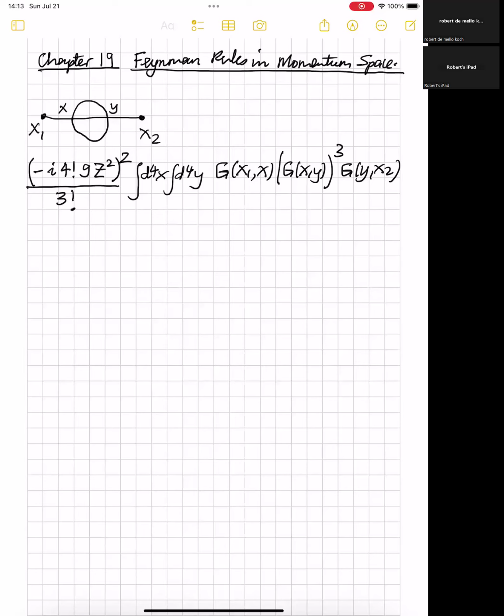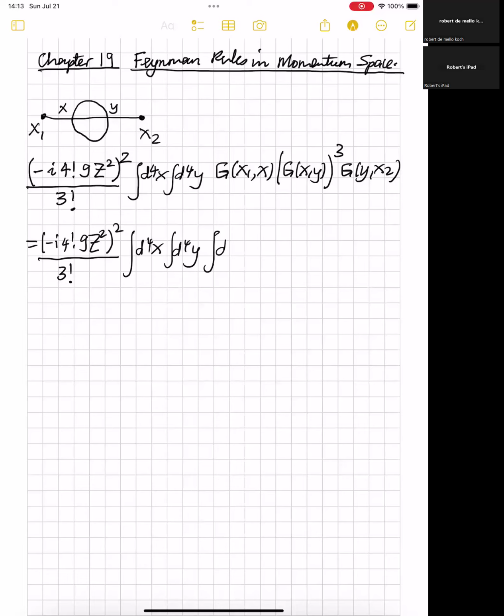Good. Okay, now to get the momentum space Feynman rules, we're actually going to plug in what these Green's functions are and do the integrals over x and y. So let's do that. Okay, so we've got the minus i g over 4 factorial, Z squared squared, over 3 factorial. Then we've got an integral d4x, an integral d4y, and then we've got the G of x1 comma x. So how do we write that?